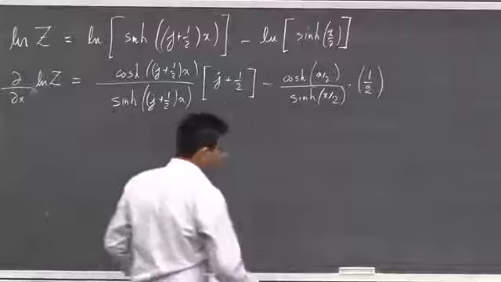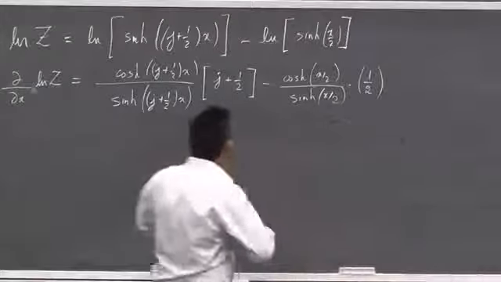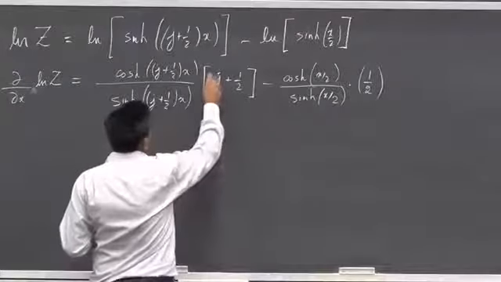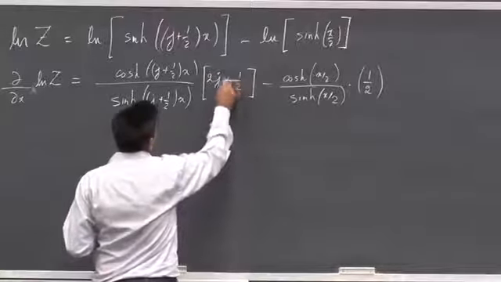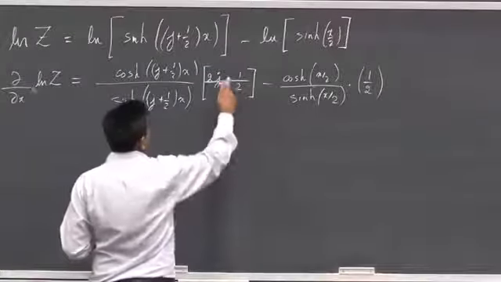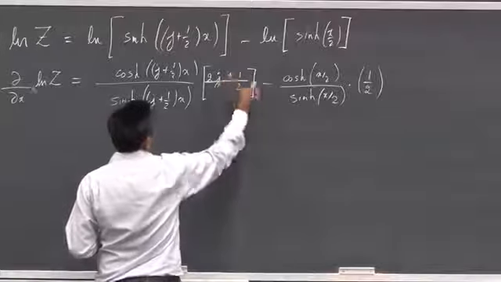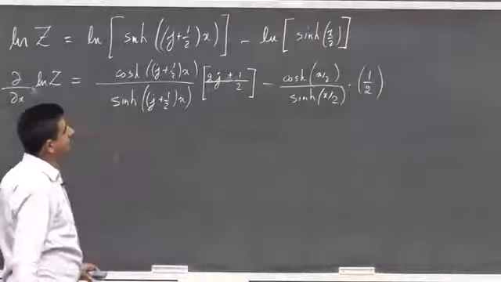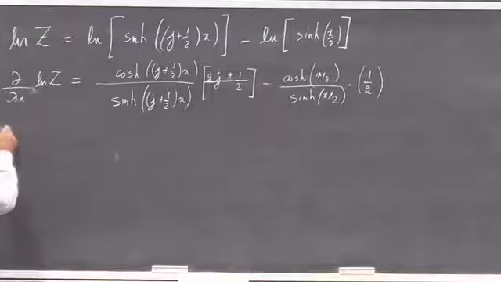I can write this (j plus half) as (2j plus 1) over 2.